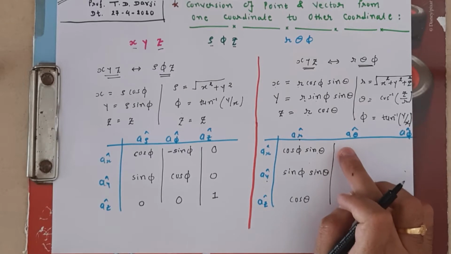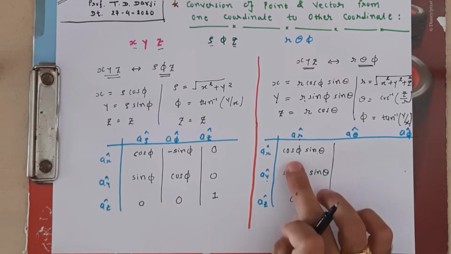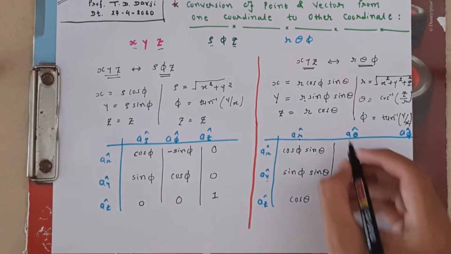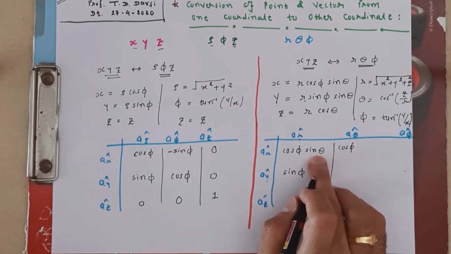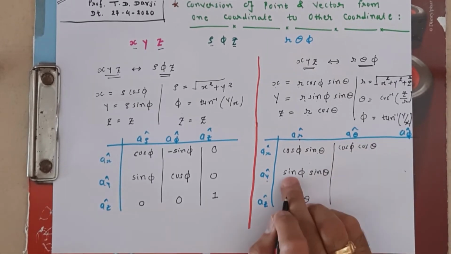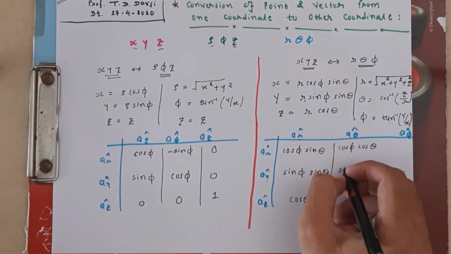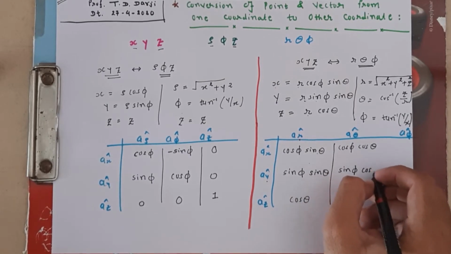Now what do I have to do? I differentiate my first column with respect to theta, and I consider phi a constant term. So cos phi is constant, and differentiating with theta gives cos theta. Again phi is constant, differentiating with theta gives cos theta.